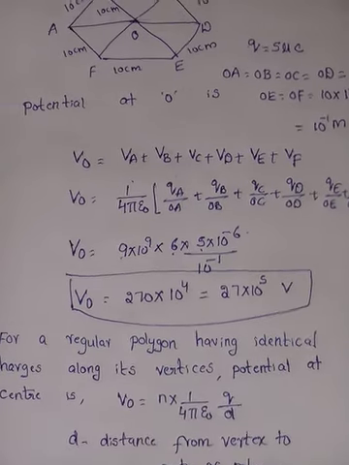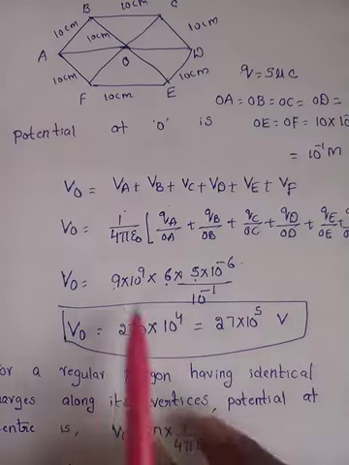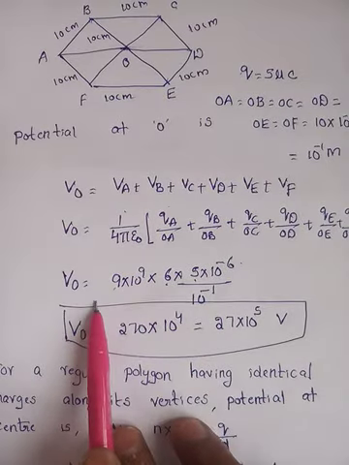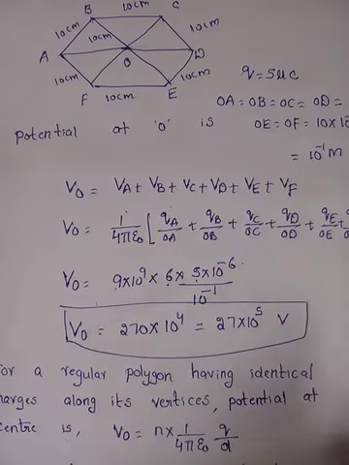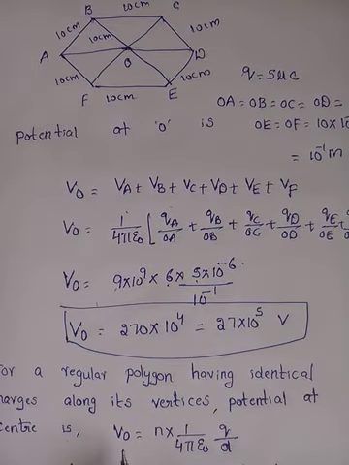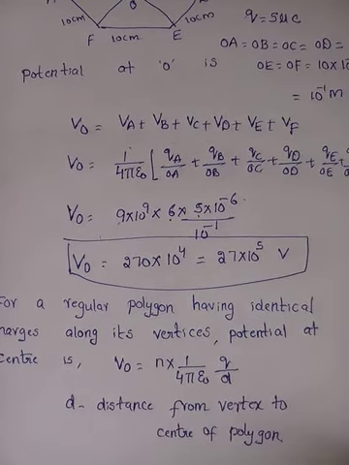So here we have taken a hexagon, so the formula can be written with N equal to 6: 6 into 1 by 4 pi epsilon naught into Q by D. The same thing we have done here, right? So if identical charges are placed equidistant from the center, the formula is V naught equals N into 1 by 4 pi epsilon naught Q by D. What is N? If it is a hexagon, N is 6.